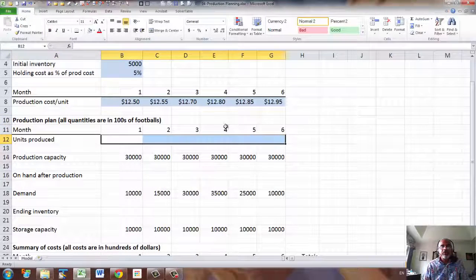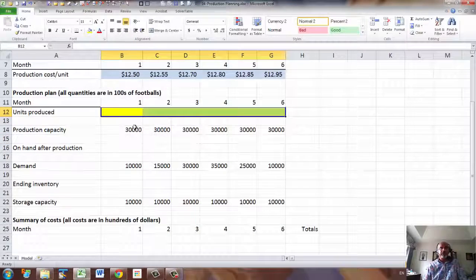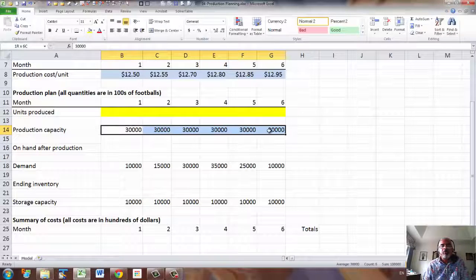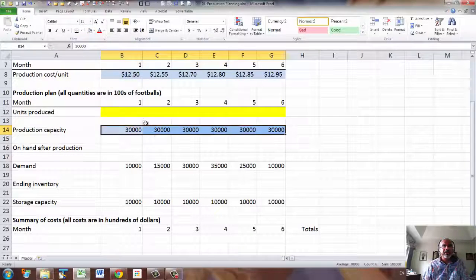So how many units we're going to produce is our decision variable. And we're also given in the problem that you cannot produce more than 30,000 units in a given month. So that's our capacity limitation. You're supposed to stay within that.